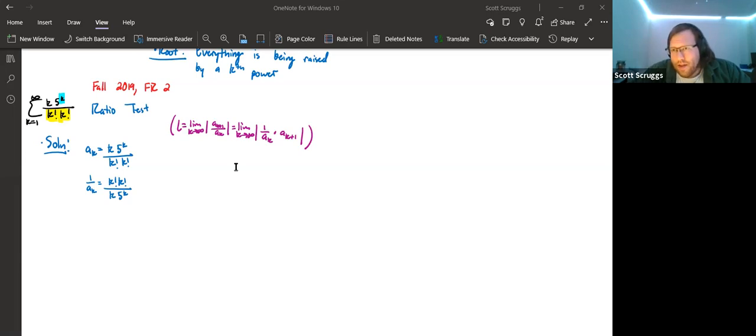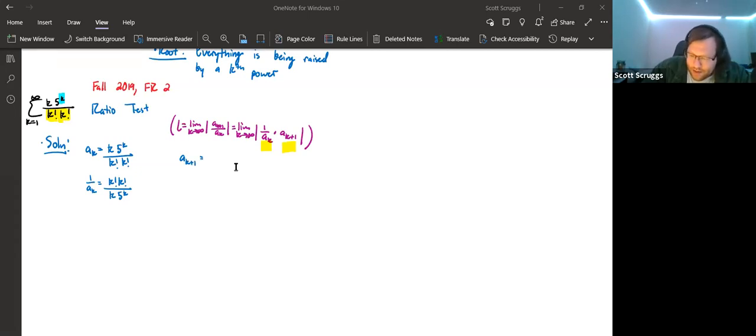And I like that a little bit better because that means when we're taking that limit, instead of having to divide and keep track of what's going on, we can do some cross cancellation from that. So that's why I'm copying out the reciprocal and a of k plus 1.